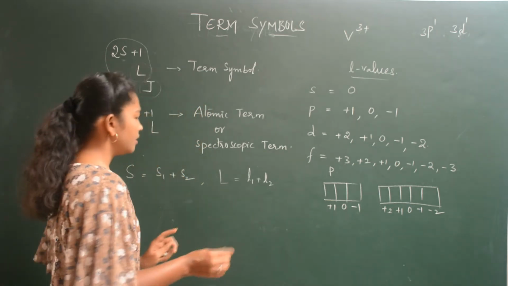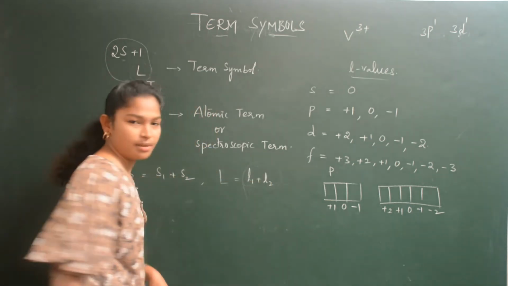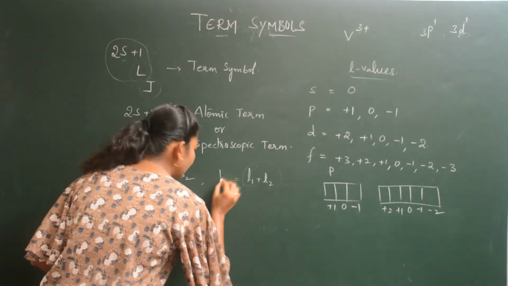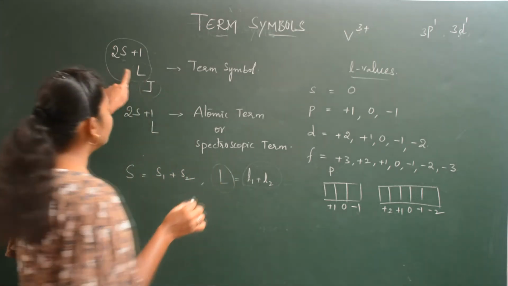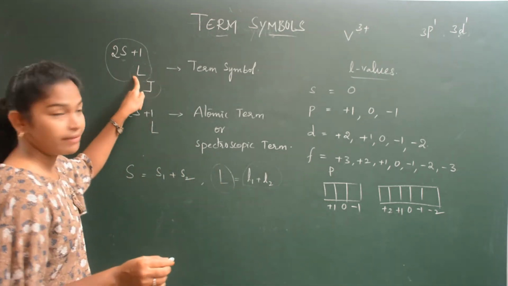Suppose, summation of azimuthal quantum numbers. In the atomic term or term symbol we have L, right?